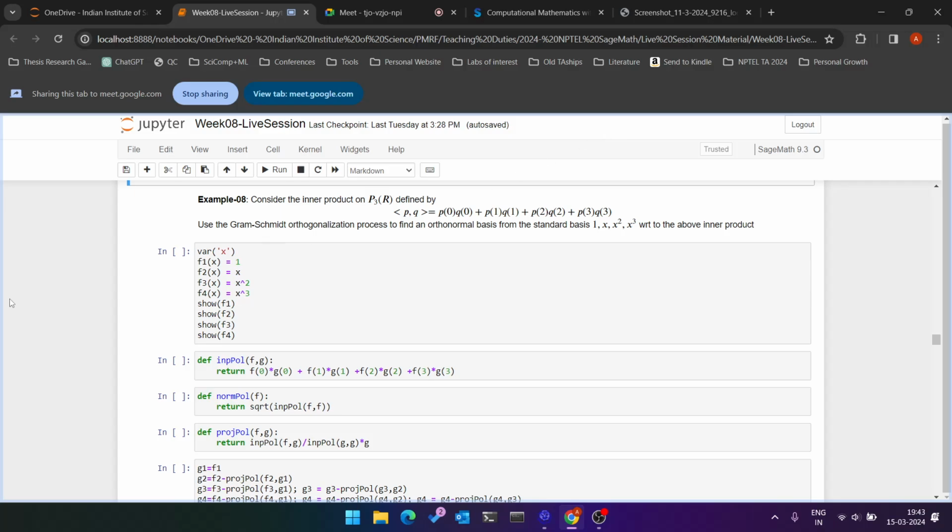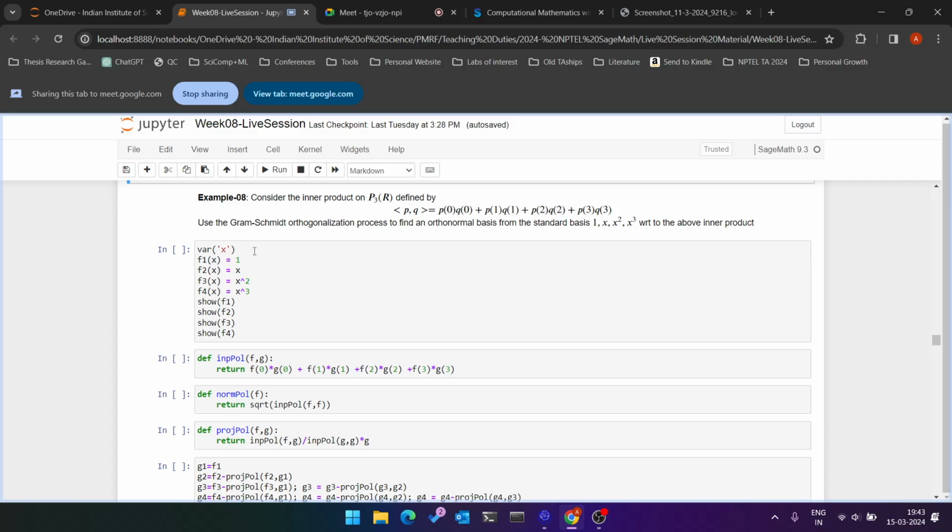So, as is good practice, we first define the variable x. Next, we define four functions: f1 of x, f2 of x, f3 of x, and f4 of x, respectively as 1, x, x square and x cube.